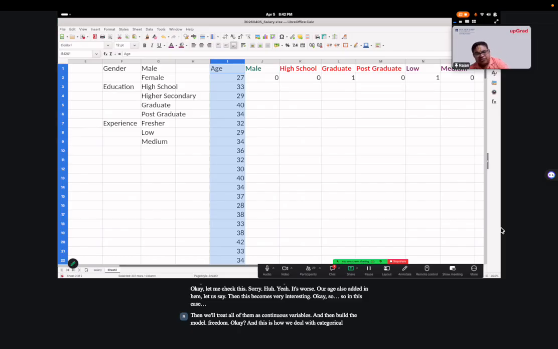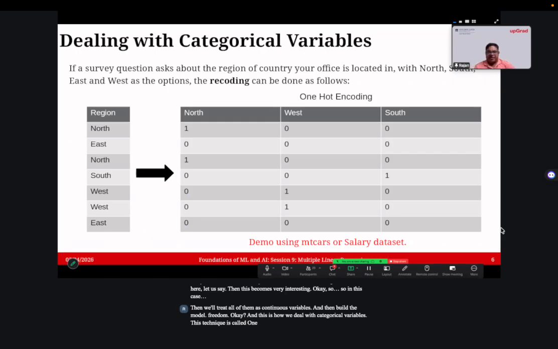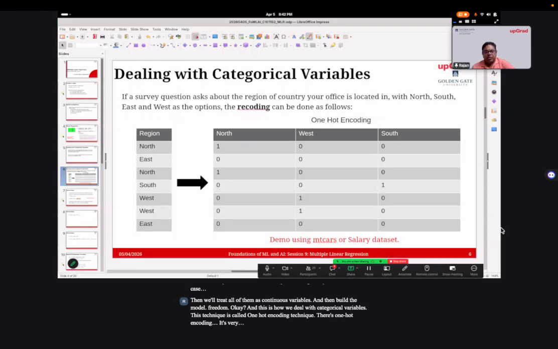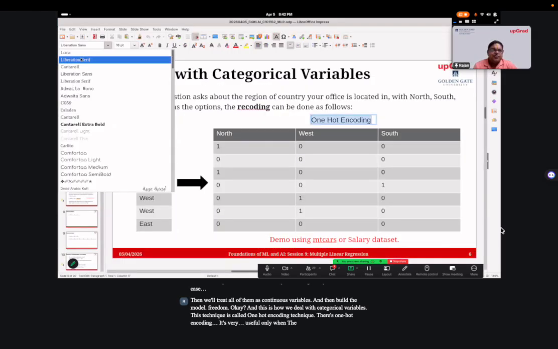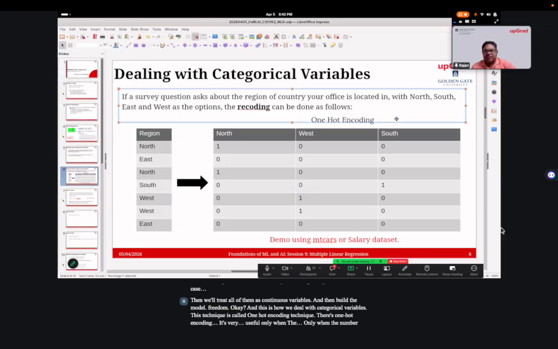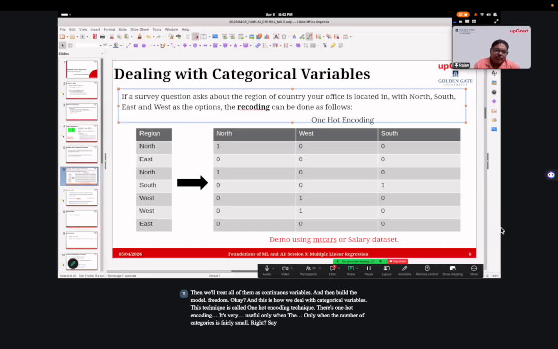This technique is called one-hot encoding technique. This one-hot encoding is very useful only when the number of categories is fairly small, right? Say here you have one variable.